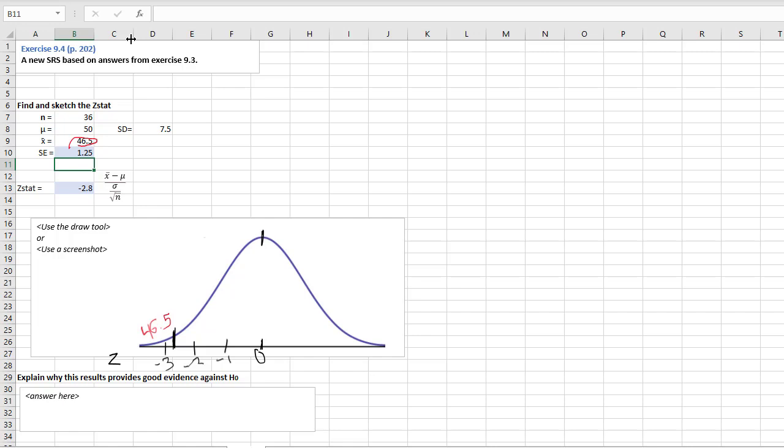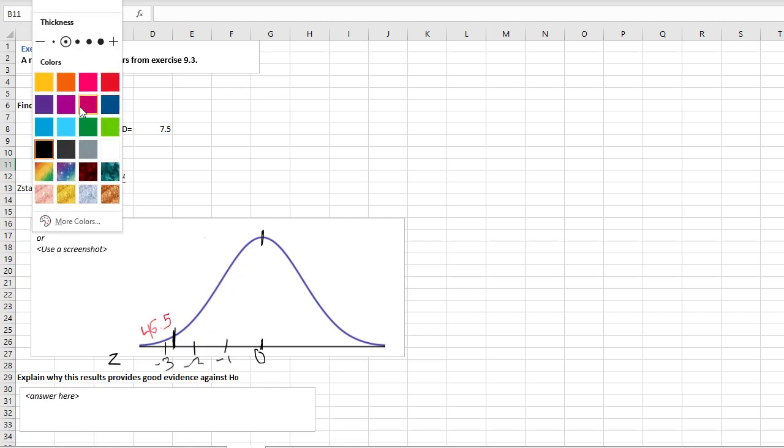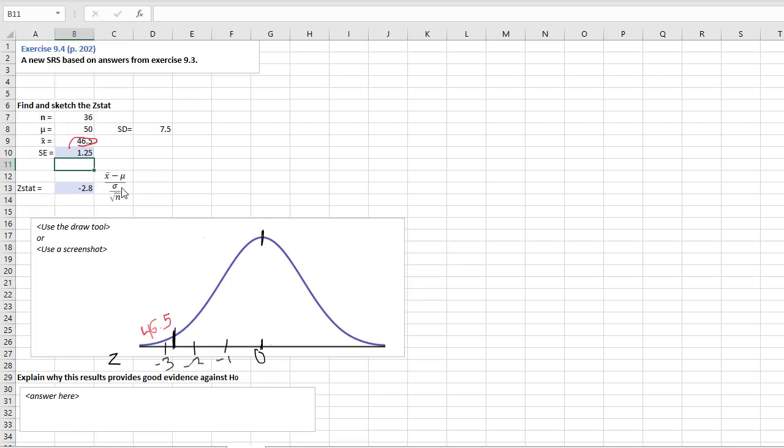We're no longer looking at the probability right here. Rather, what we are looking at is an average right here. So it's not a singular point. So in other words, there's basically another spot right at this spot, right at this area. So this is our population, and this is our sample, or our X bar.